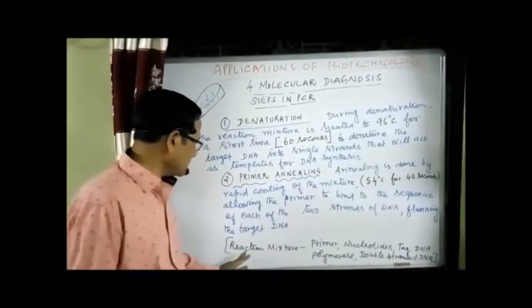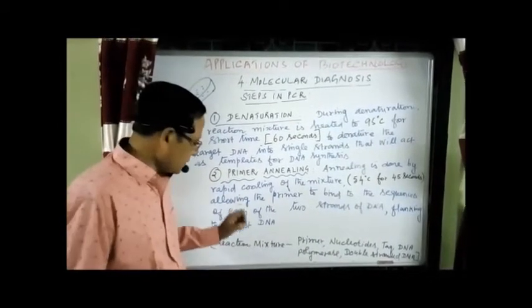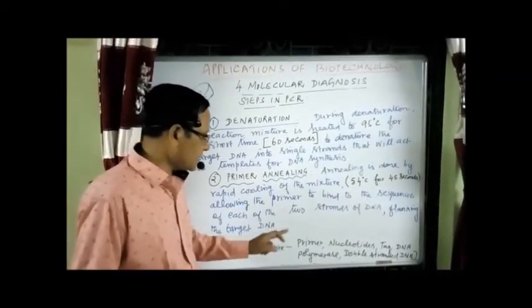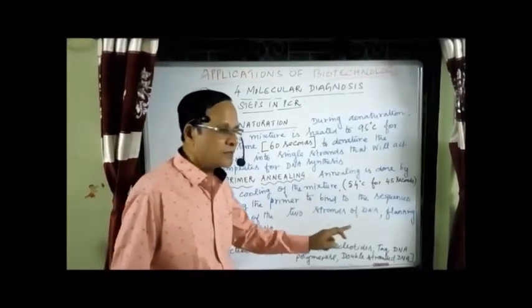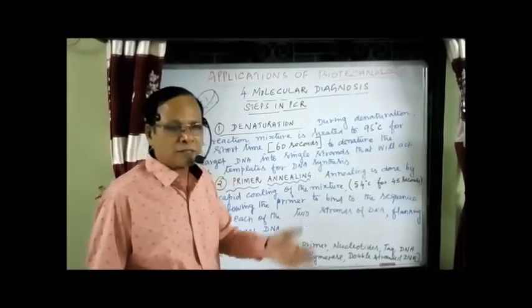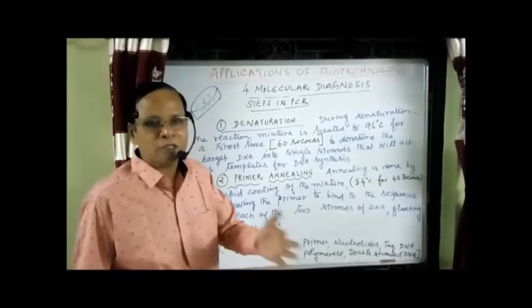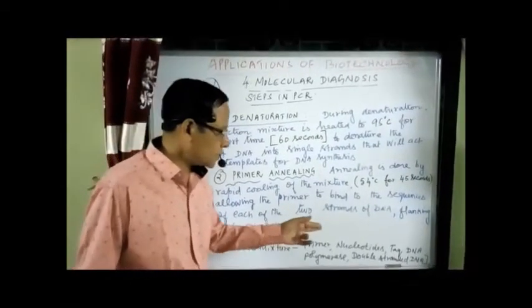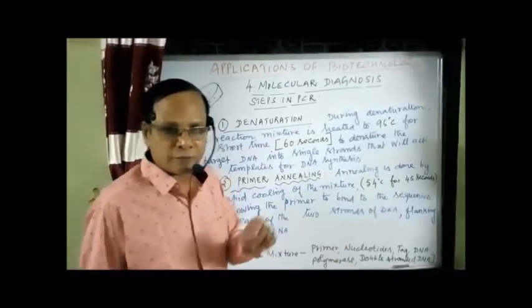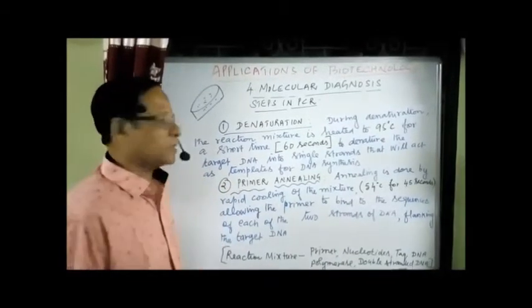That is known as the reaction mixture. The double-stranded DNA is the DNA of interest which is to be multiplied.